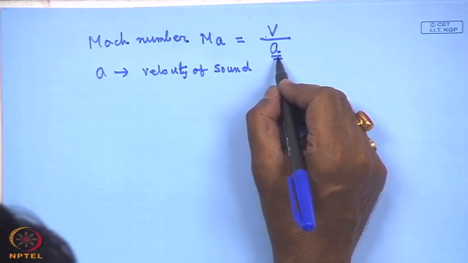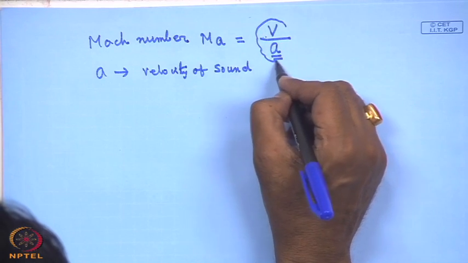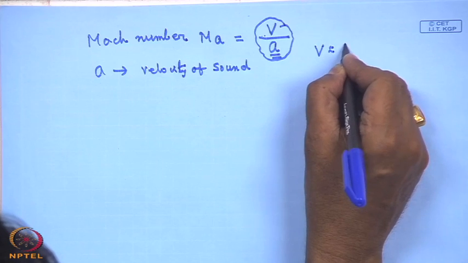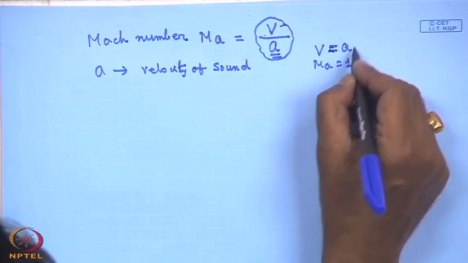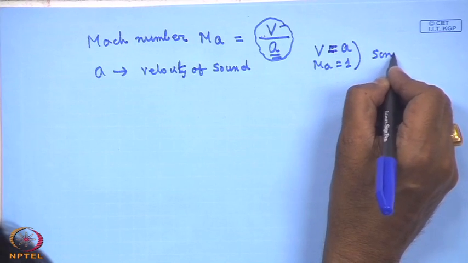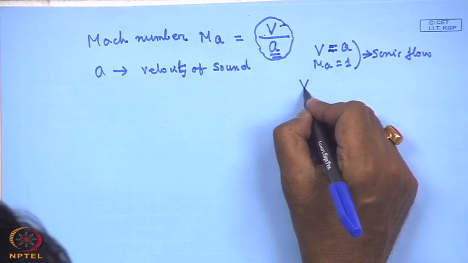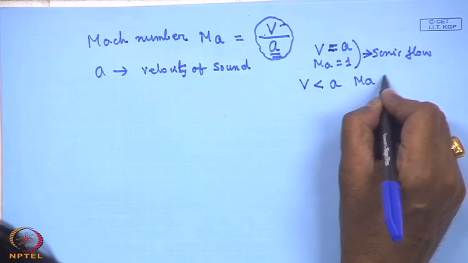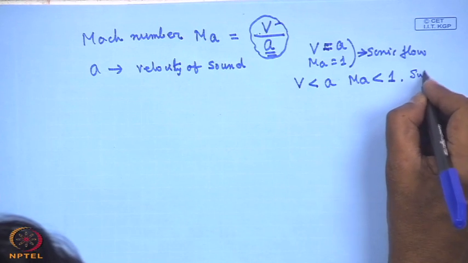So, it very much depends upon the state of the fluid. State means, for example, density and temperature of the fluid. So, this is a very important criterion, and when the flow velocity equals the sound velocity, then Mach number equals 1, and we call the flow as sonic flow. When the flow velocity is less than A, Mach number is less than 1, the flow is known as subsonic flow.